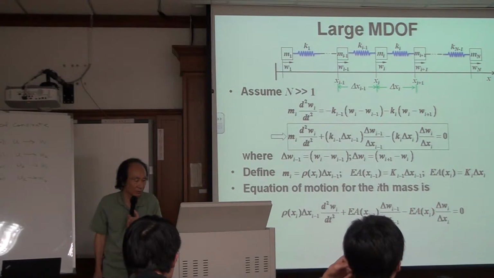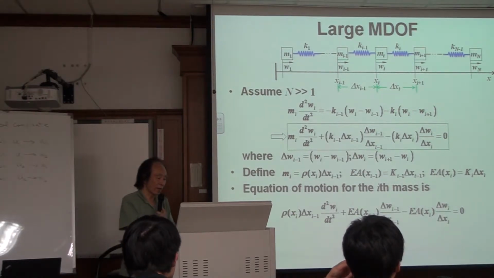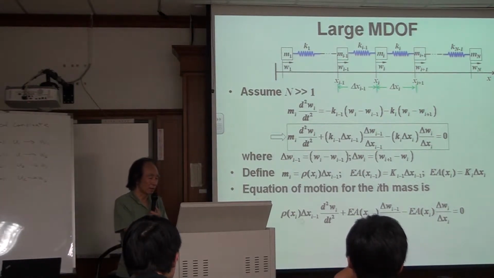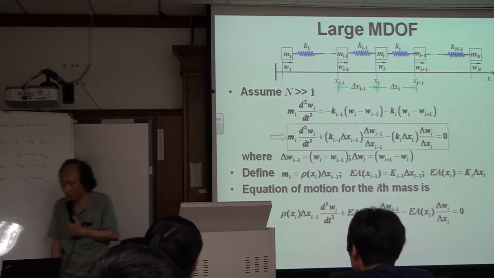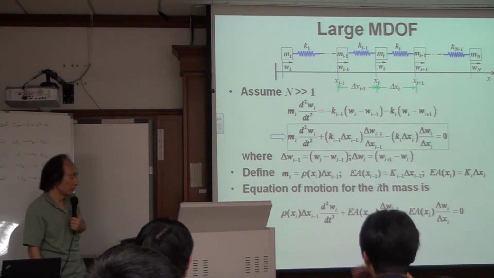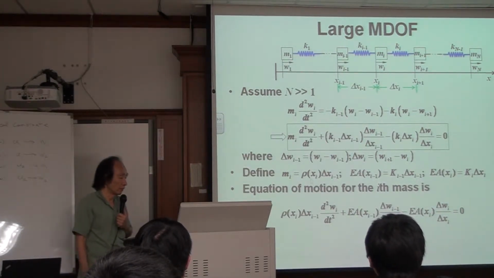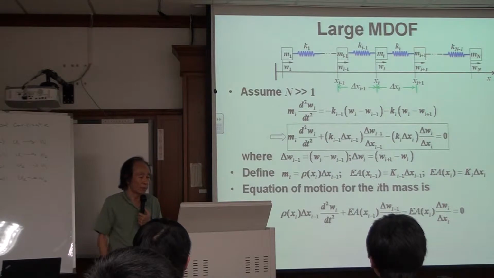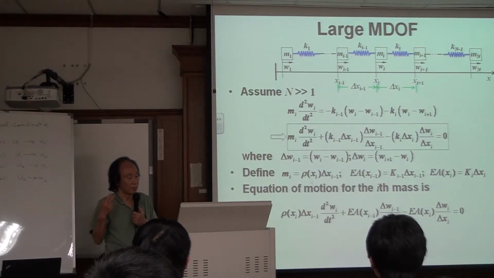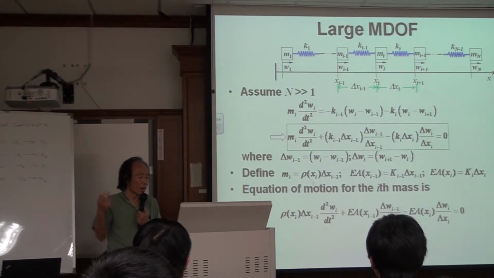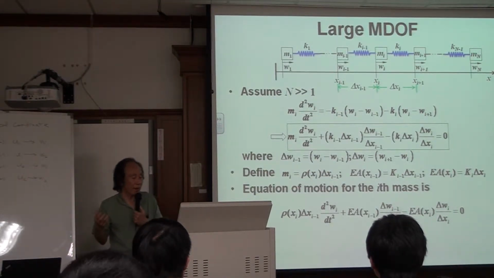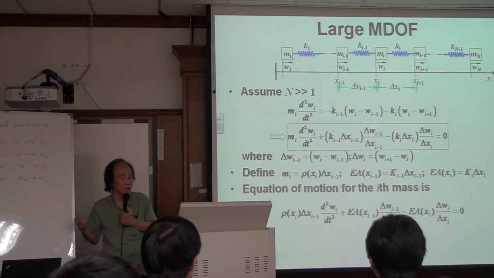Now you can see that there's a delta x i minus 1 here, and there's rho. The new definition of rho is the density, meaning the mass per meter. For example, this can be kilograms per meter. Right? So m i equals rho xi times delta x i minus 1.